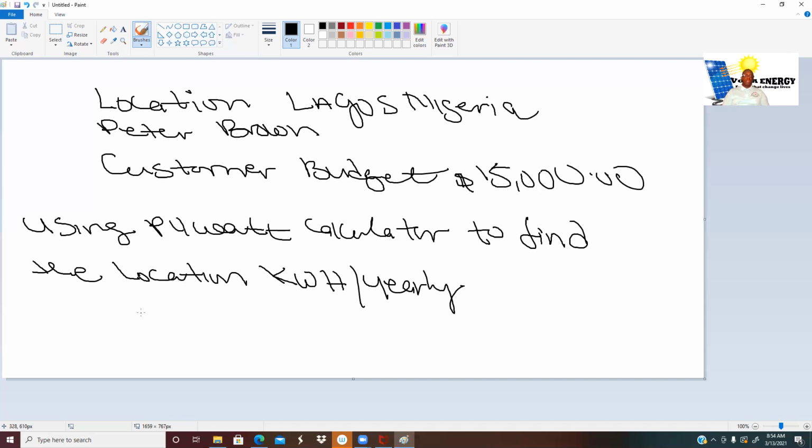Using the PV watt calculator to find location kilowatts hour yearly. So we're going to use find location and the kilowatts hour. So we're going to go to our PV watts calculator.